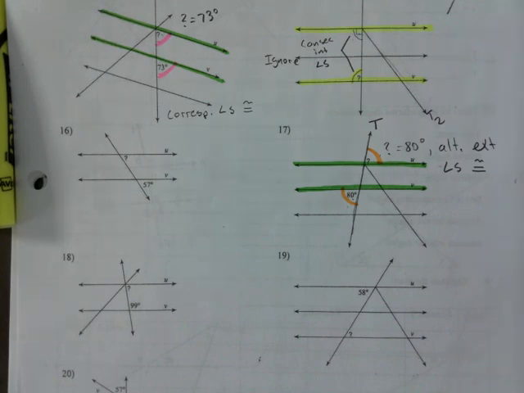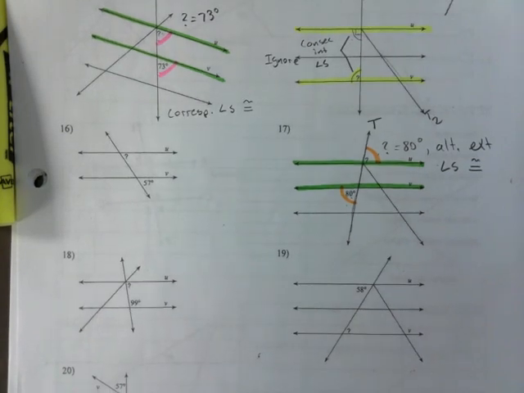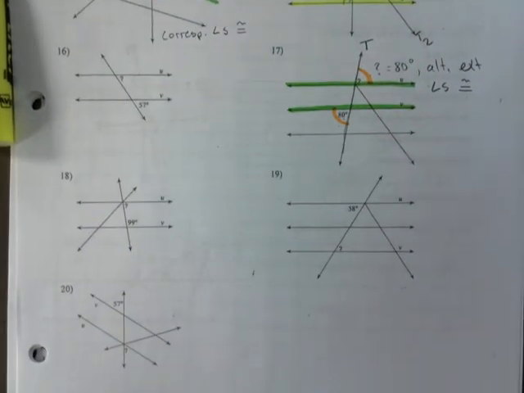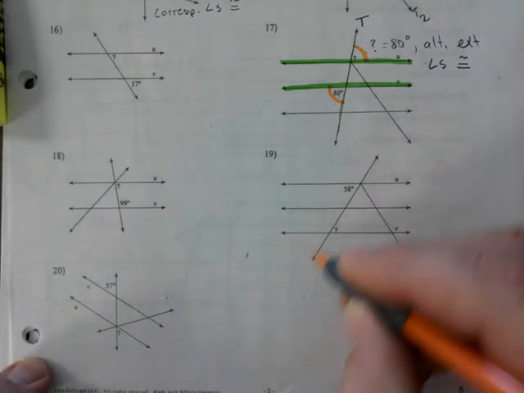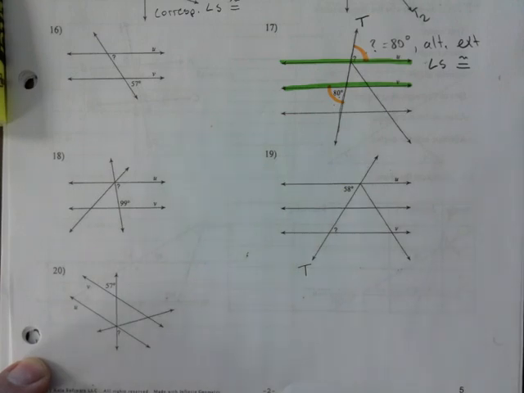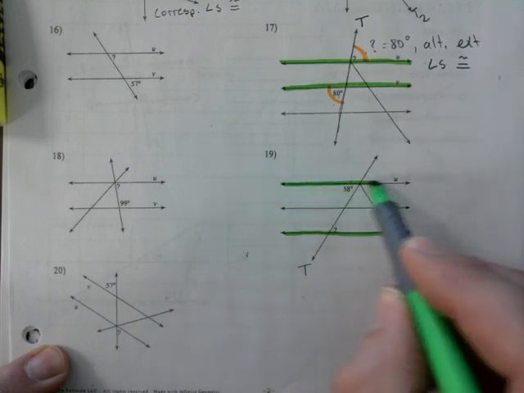Okay, let's do one more. 19. I'm going to consider this transversal here. That's going to be the one I'm going to consider. And again, the lines I'm trying to see if they're parallel would be this one and this one. That's the highlight, right? So anything in between, guys, forget about it.